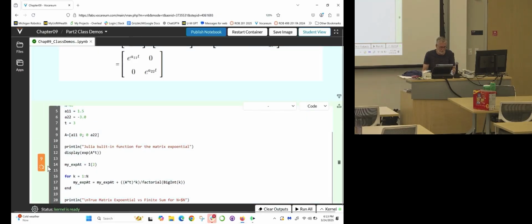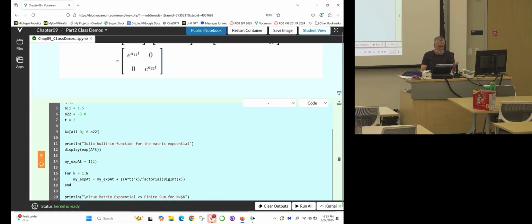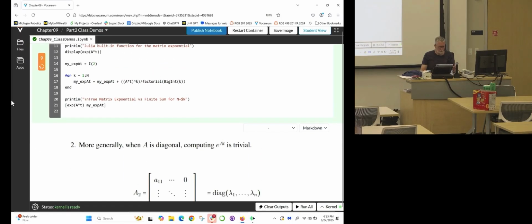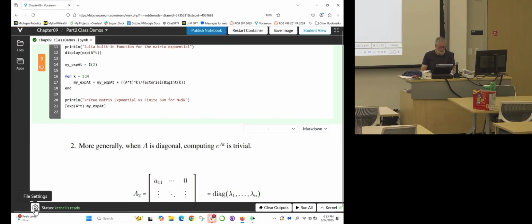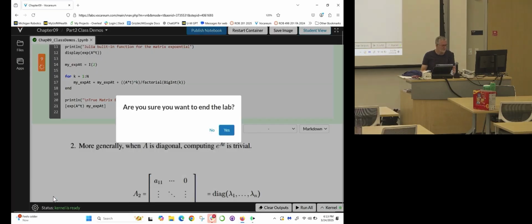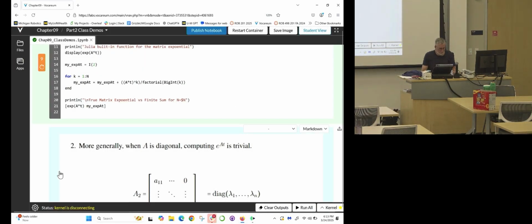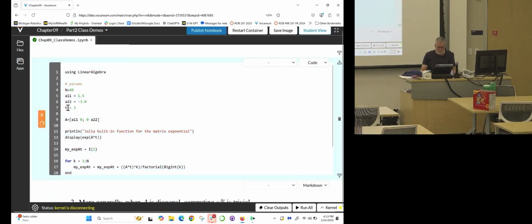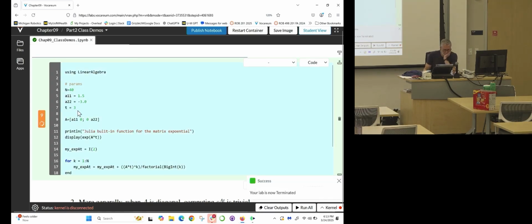Oh, I know my kernel is disconnected. And so all of my output went away? It did. Okay. End lab. You want to end the lab? No, I don't. Yes, my lab is now terminated, just like you see.